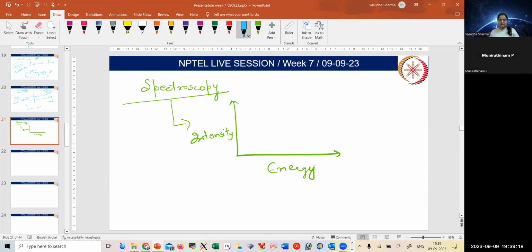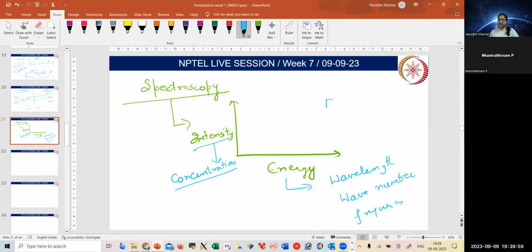So generalizing, intensity is actually dependent upon the concentration term, and energy has a relation with wavelength, or we can say wave number, or we can talk about the frequency, right?